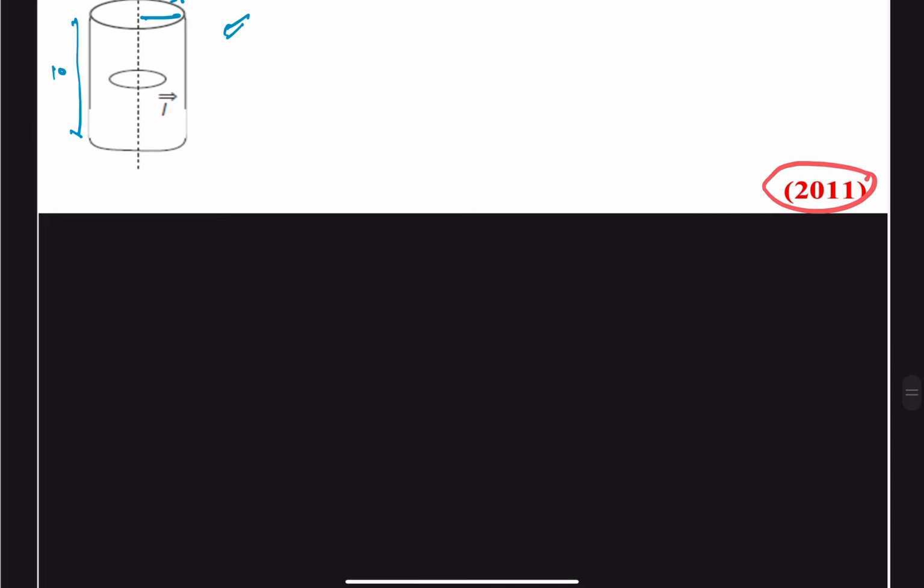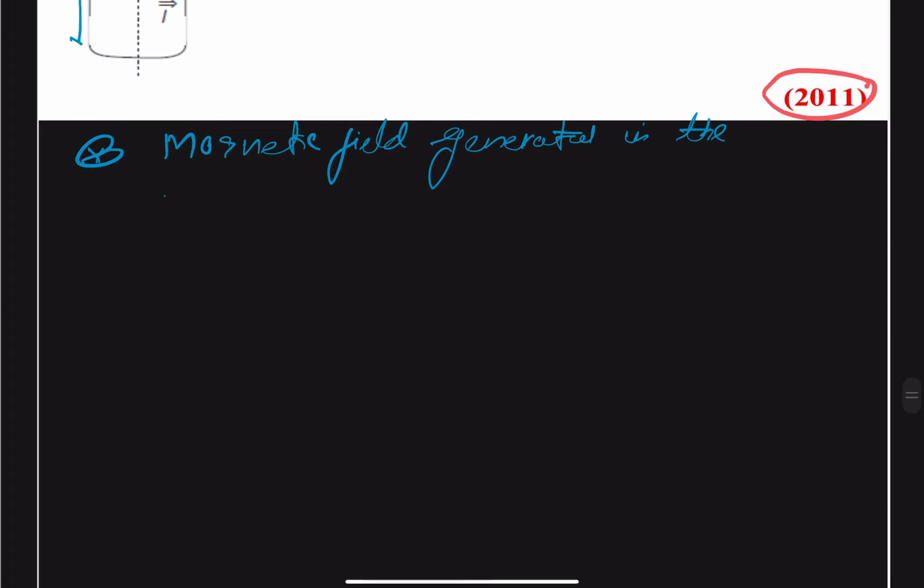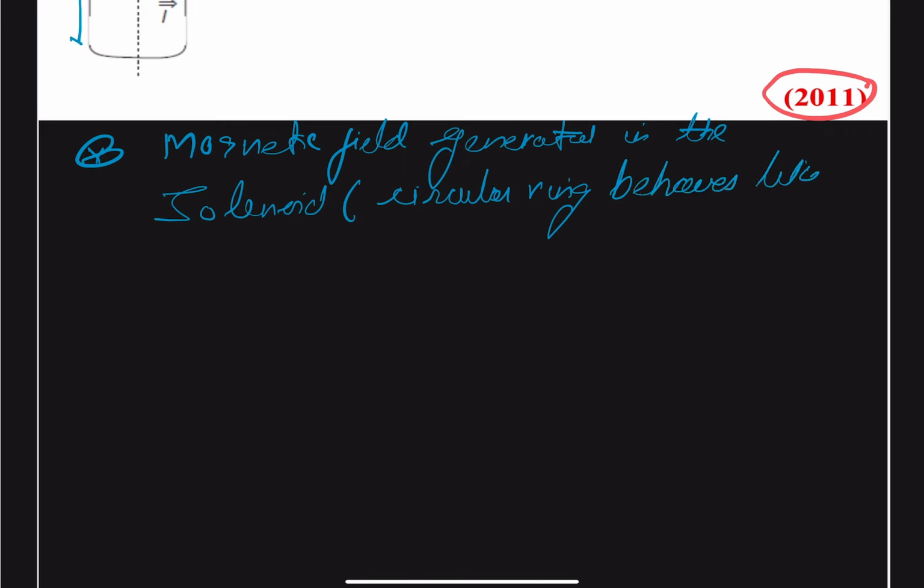So we can say that the magnetic field generated in the solenoid, because the circular ring behaves like a solenoid.